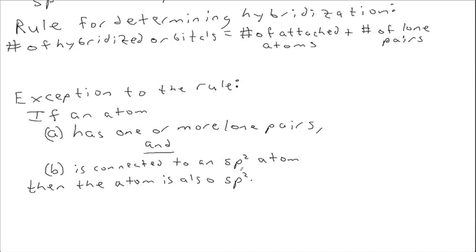So go ahead and copy this exception down into your notes, hopefully kind of close to the rule for hybridization. Tell me when you have that written down, and I'll give you some examples to try to explain what this means. Okay, 1 second.